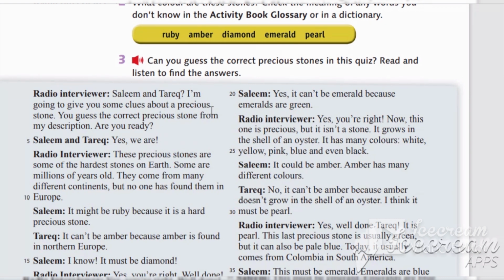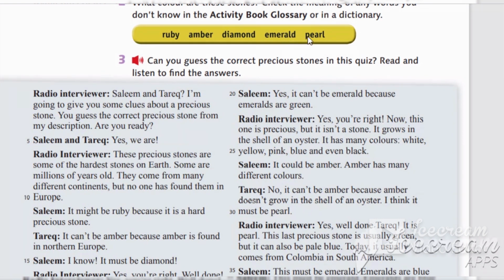For example, ruby is red, deep red, but amber is often a yellow color. Diamond has no color, excellent. And emerald is usually green, excellent.